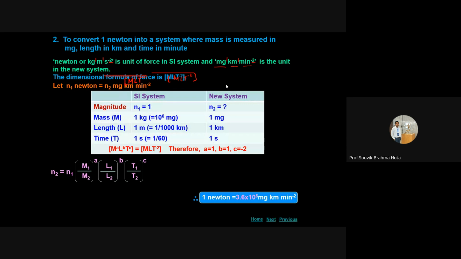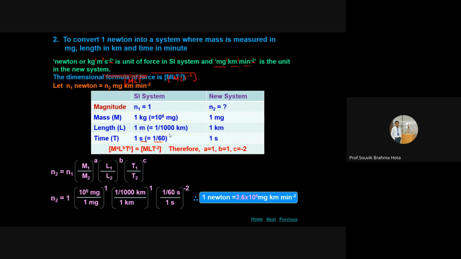Then m1 by m2 you do 10 to the power 6 by 1, and then l1 1 by 1000 divided by 1. And why we should do this, because here they are saying minute inverse, that is why second is converted to 1 by 60 in that way. Okay, 1 minute is equal to 60 seconds, so 1 second is 1 by 60 minute, like that.